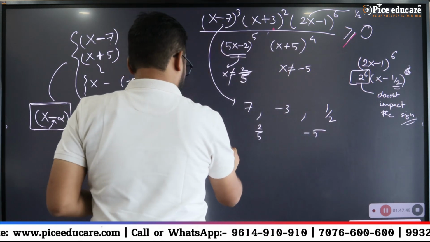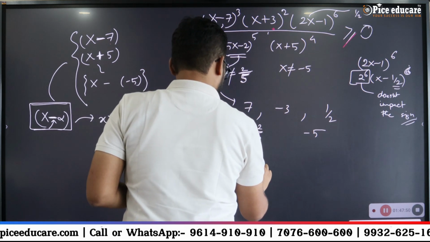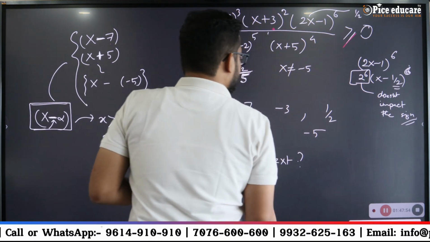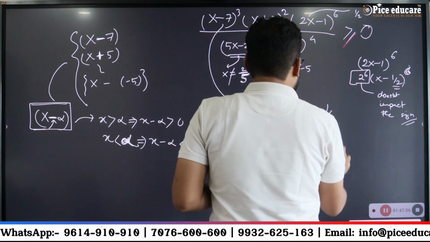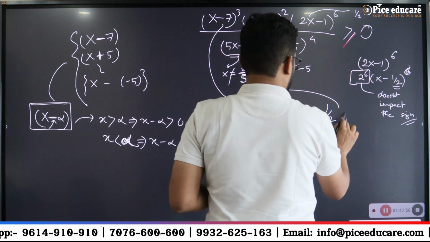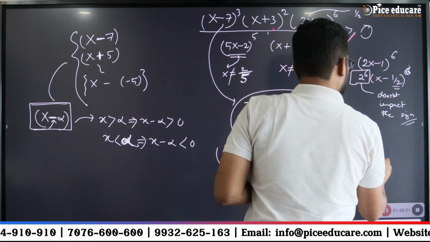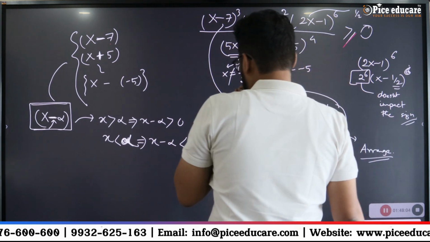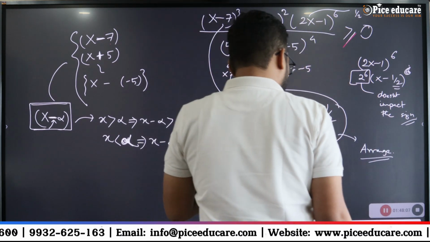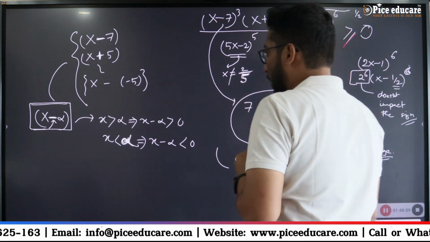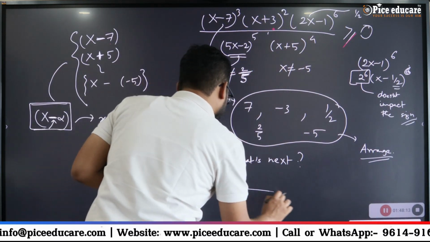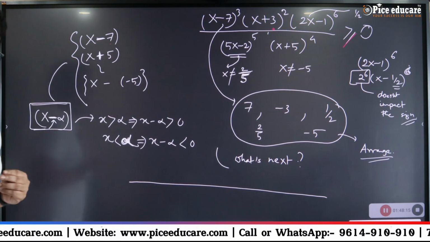So what to do next? The next idea is you have to arrange them. It is not necessary, but it will be of tremendous help. Why? So that you can put your alphas in increasing order.